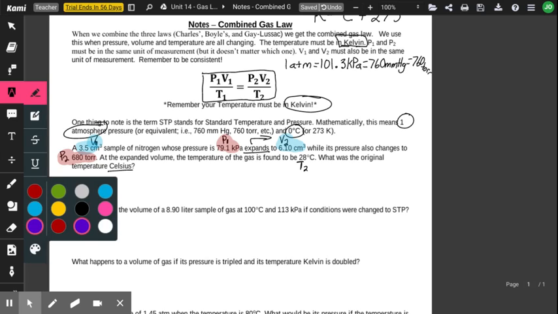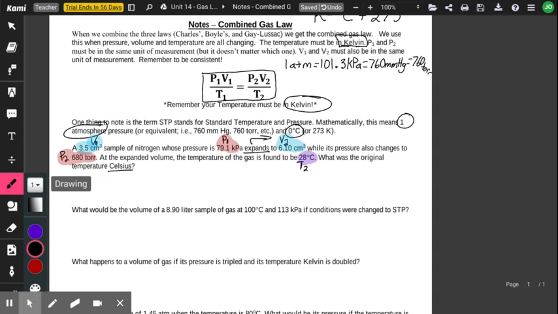All right, let's also look at our temperature. Our temperature is 28 degrees Celsius here. That's in Celsius, so that's something I'm going to have to change, because remember, your temperature has to be in Kelvin. So I have two big things that I'm going to have to change before I can even start solving this problem. First off, I need to get my pressures into the same unit.